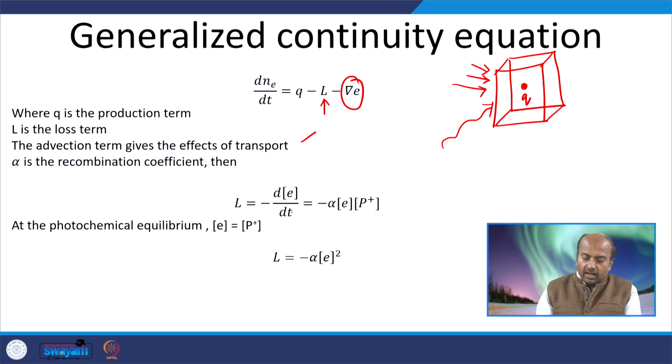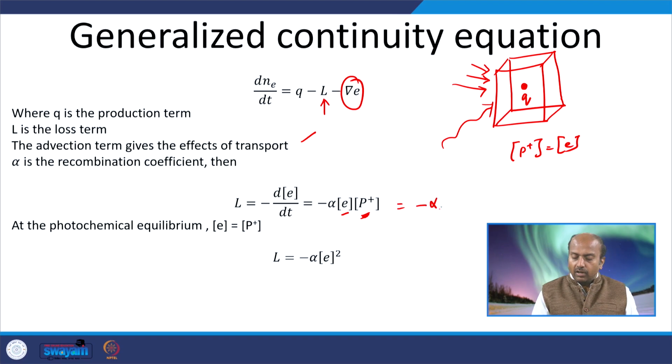So, we can write it as alpha times E and P plus. Alpha is the recombination coefficient, right. So, this is alpha times the electron density times the ion density. So, at photochemical equilibrium, we always know the total positive charge density P plus is always equal to the electron density. So, P plus can again be written as E, which means minus alpha times E, or which is equal to minus alpha E square.